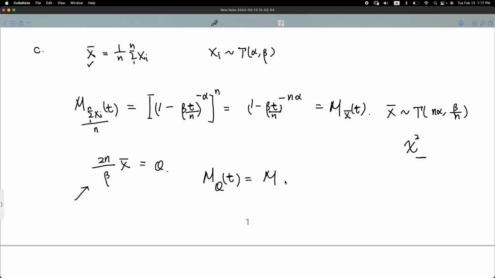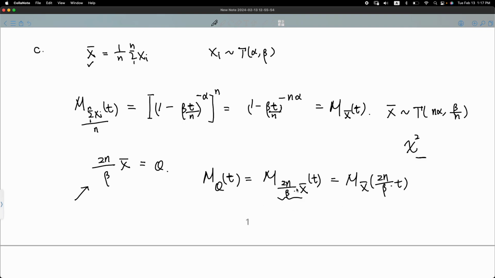This is just 2n over beta multiplied by x bar. So essentially, this is just another scalar multiplied by x bar. So this is equivalent to the moment generating function of x bar, but with a new t here, just 2n over beta multiplied by t.